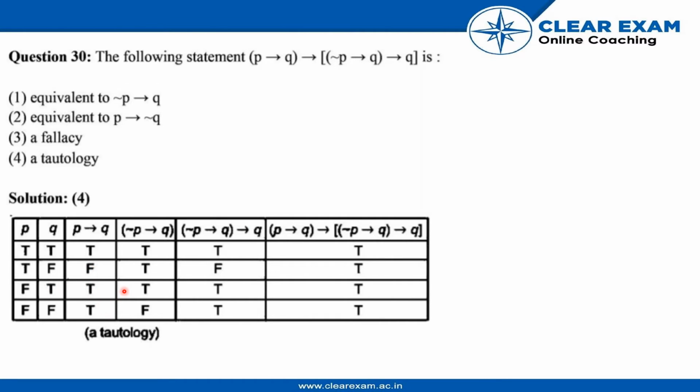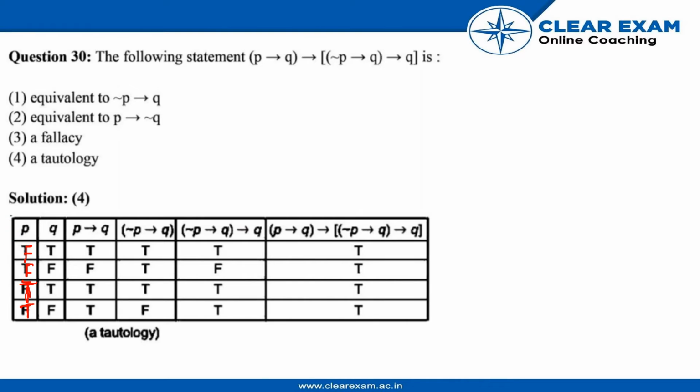Next, we need to find negation of P implies Q. Negation of P would mean that the values of P would be inverted: false, false, true, true. So let's see. We'll make this F, T, T, and it would be negation.